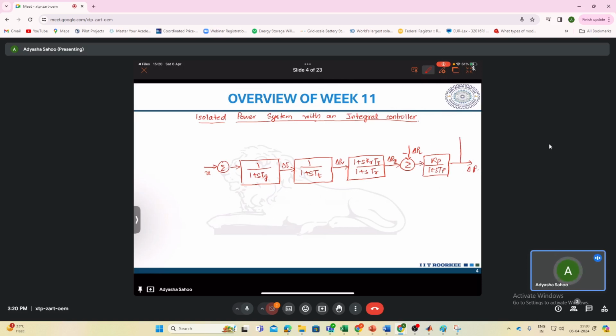Now we have a feedback here, that is 1 by R, and that is your negative feedback, so minus. In addition to this we add a controller block here, whose transfer function is minus Ki by S, and this delta F is coming here.